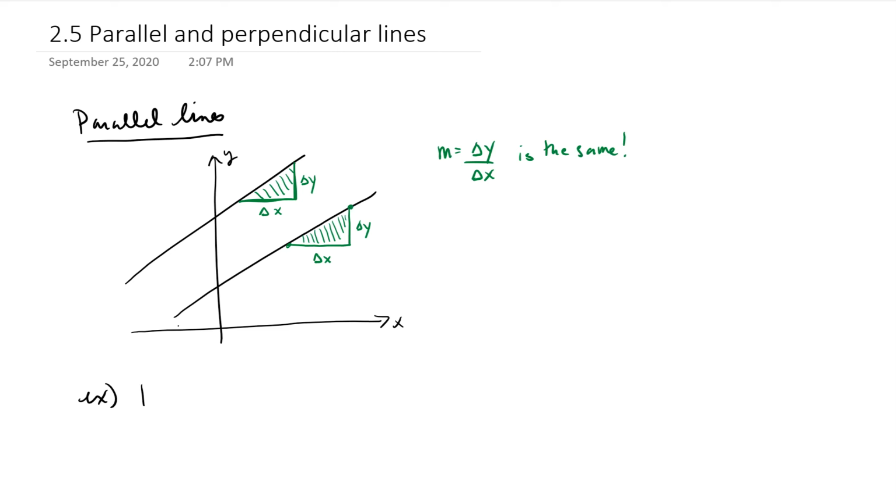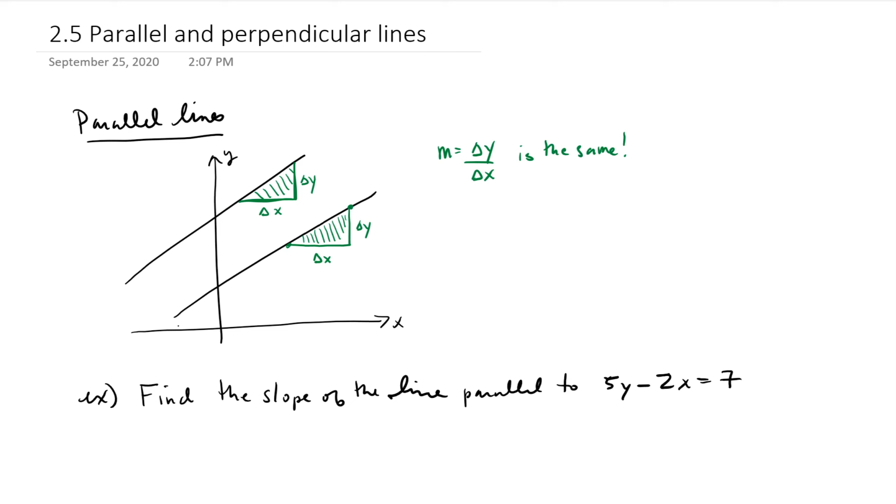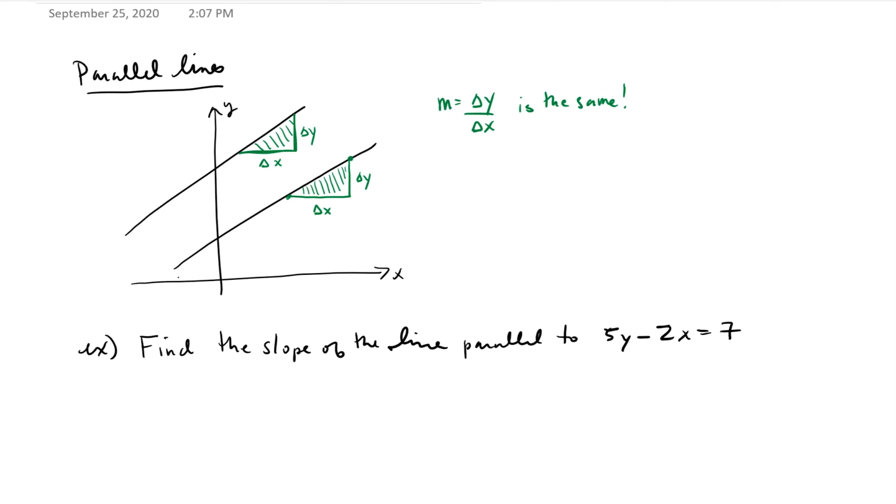So here's an example. Find the slope of the line parallel to 5y minus 2x equals 7. Now notice that the equation of the line here is not in a form we've seen so far.